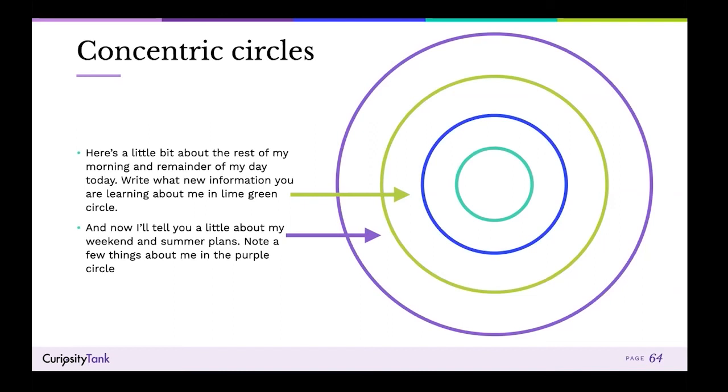I drink SodaStream carbonated water all the time. No flavoring, by the way, just straight up. And then Saturday afternoon, I'm going to take my daughter and a friend swimming. And this summer, we're going to travel to see friends and family in Colorado, Montana, and Idaho. So what you see there, again, go ahead, just make a few more notes in the purple circle.